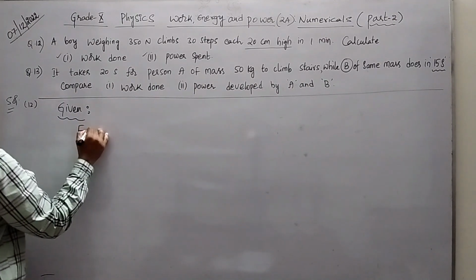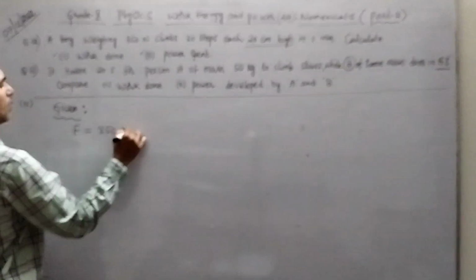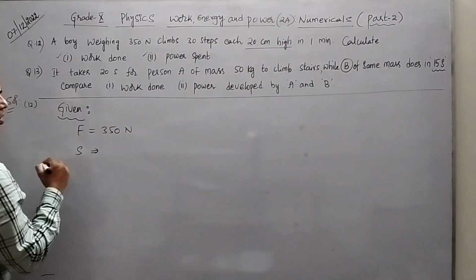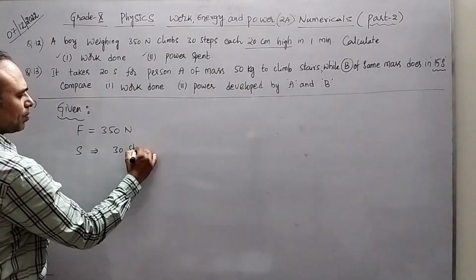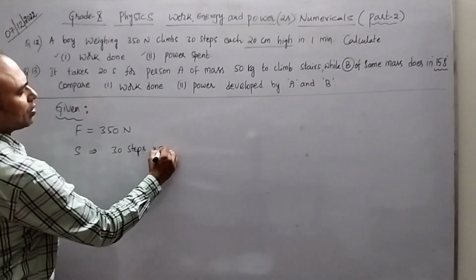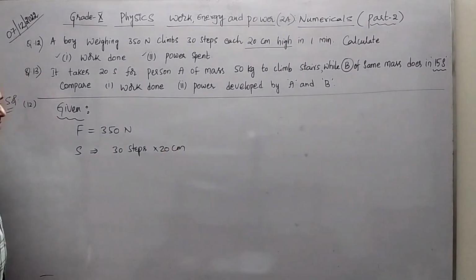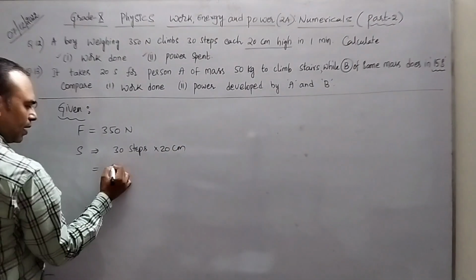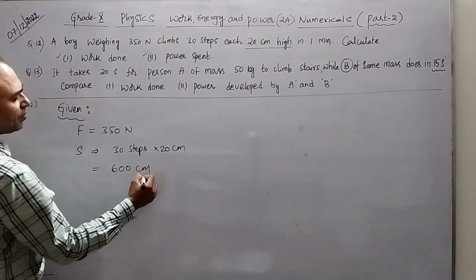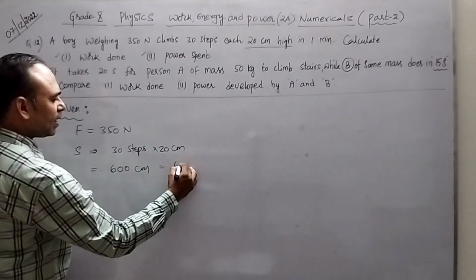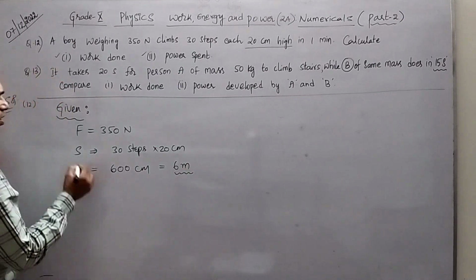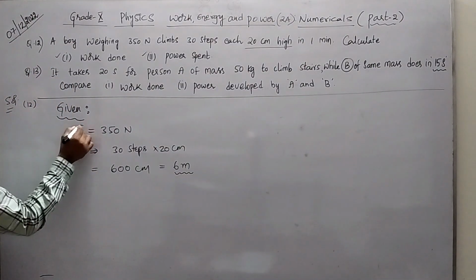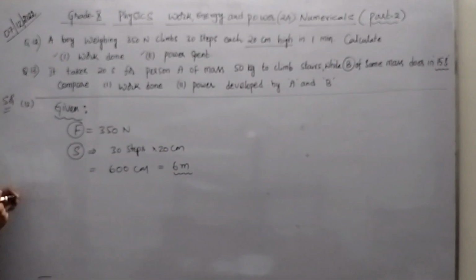Nothing but force 350 Newton. And then if you want to write displacement, we have 30 steps and each one is 20 centimeters. So we need to multiply this. So the displacement will be 600 centimeter. We can also write it as 6 meters. So we got two things. One is this displacement, second one is force.